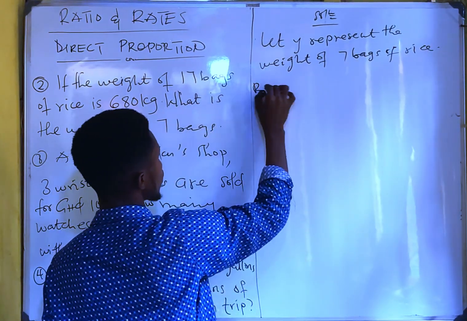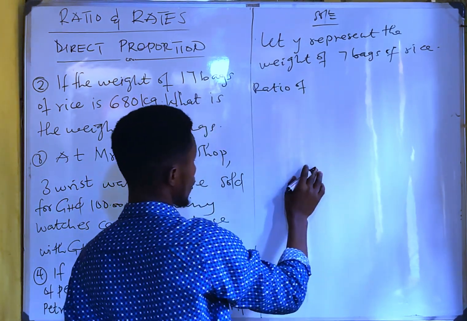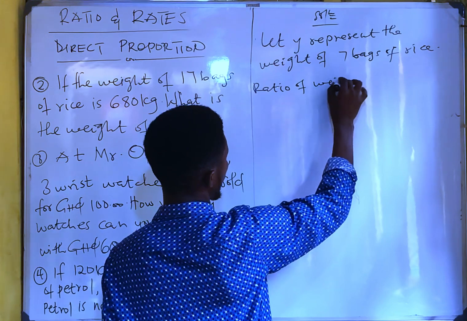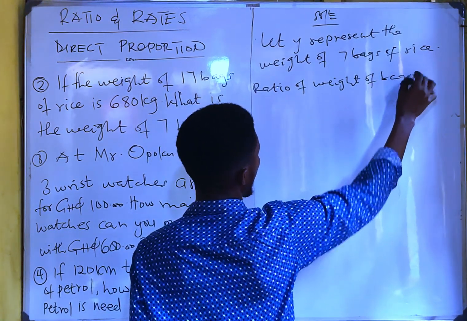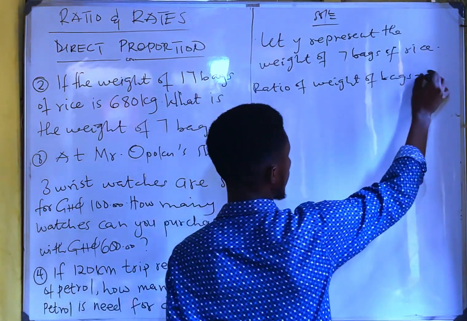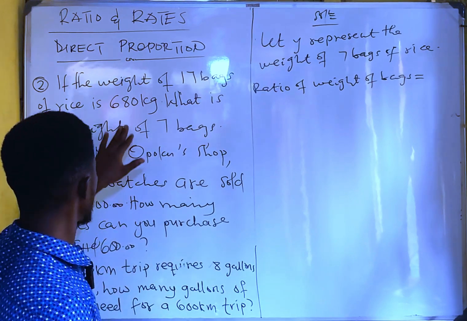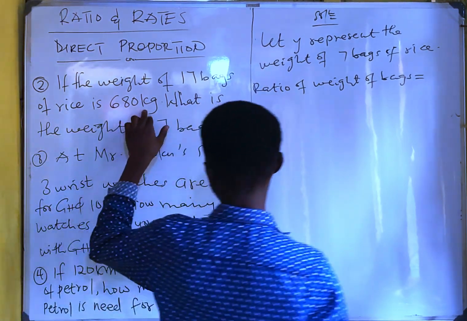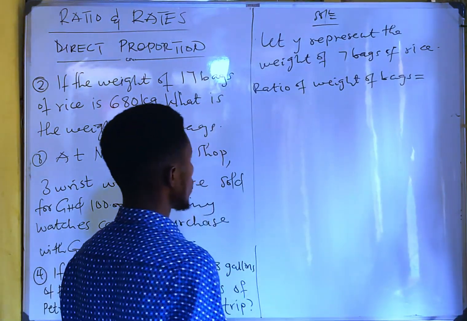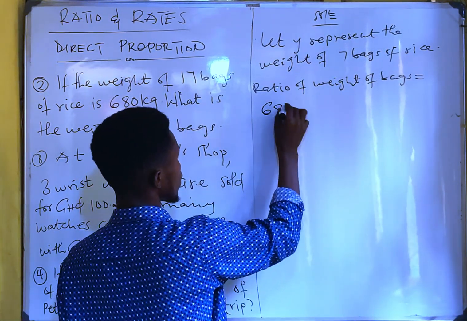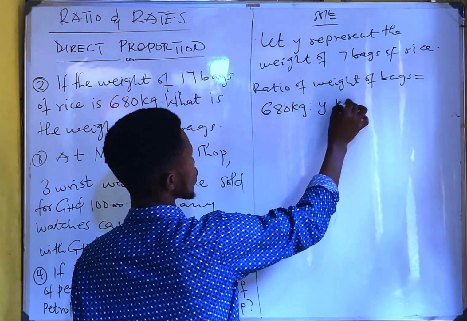Okay. So first you need to look for the ratio of the weight of the rice bags. Now the ratio is going to be 680 kg against y. So we have 680 kg is to y kg.